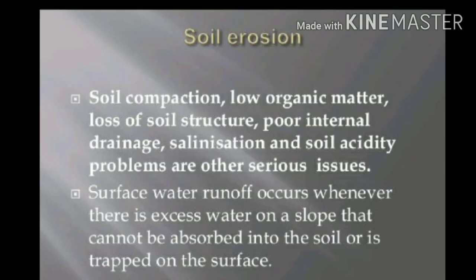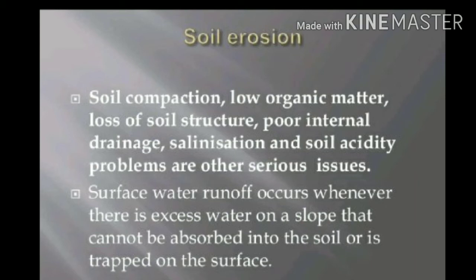Now we will discuss soil erosion. What is soil erosion? Soil compaction, low organic matter, loss of soil structure, poor internal drainage, salination and soil acidity problems are other serious issues.